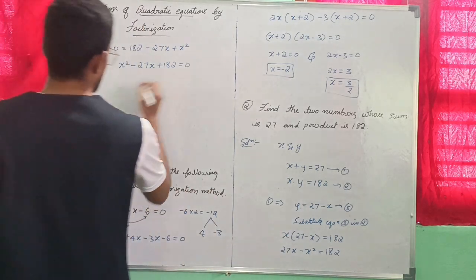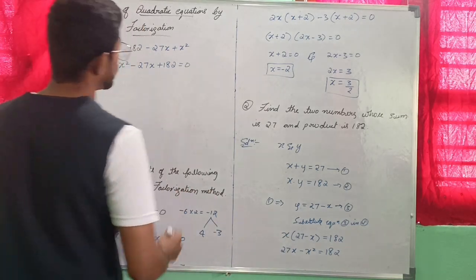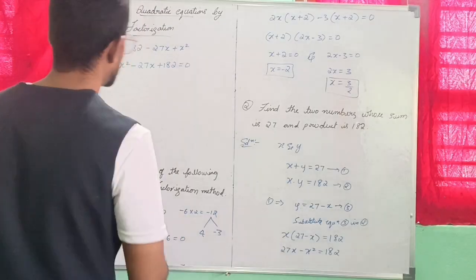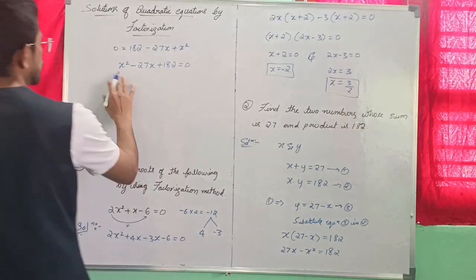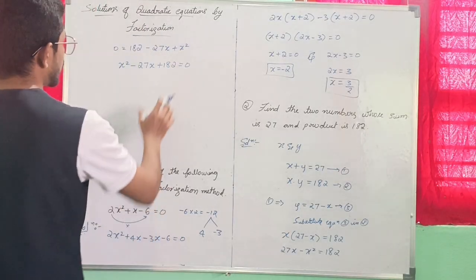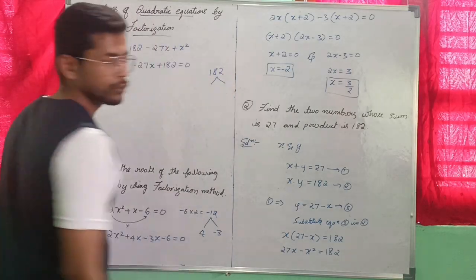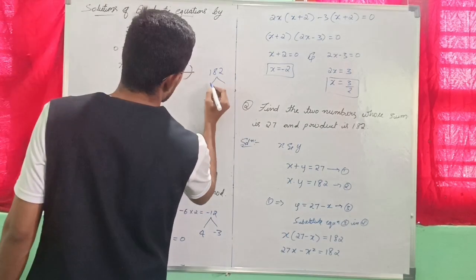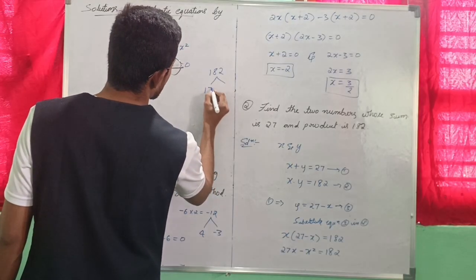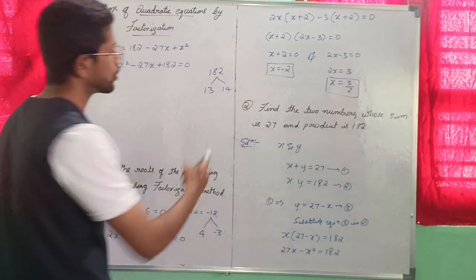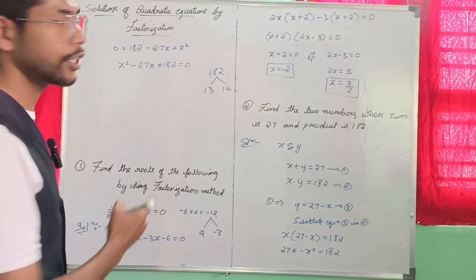Then let's apply the factorization method here. There is no coefficient for x squared, so we can directly find the factors of 180. That is, we can take 13 into 14, which is 182.